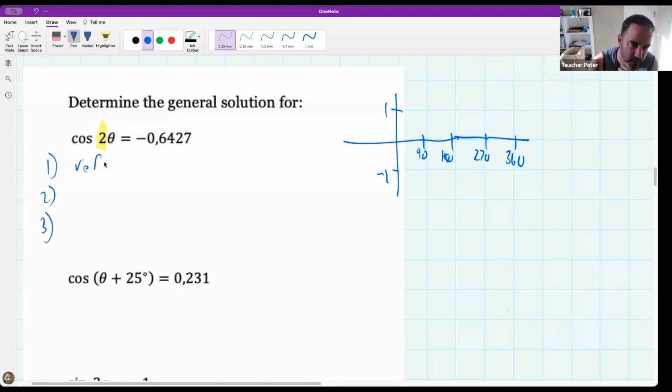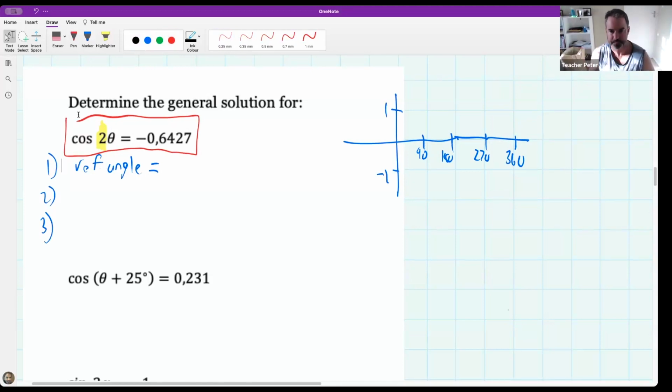This one has changed, but the good news is the 3-step process is still the same. So I want you guys to find me a reference angle. That's all I want you to find me. Find me a reference angle for this trig equation. And I want to see what is in the chat there. Reference angle, that's all I want. Follow the rules of what's going on here.